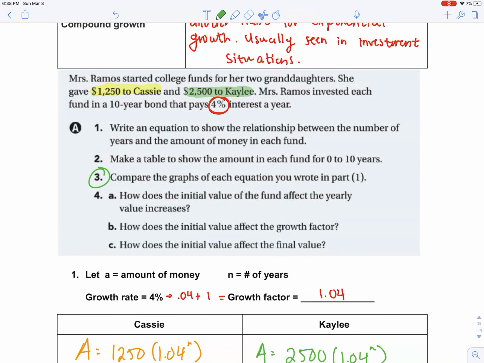So let me read the question one more time. It says, how does the initial value of the fund affect the yearly value increases? Does it affect the yearly value increases?